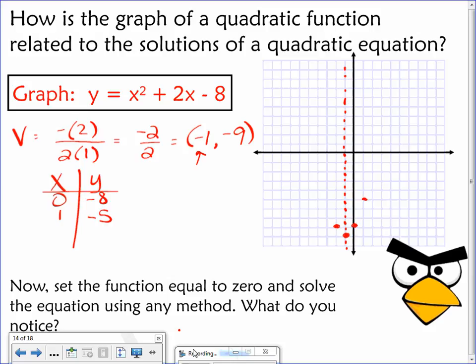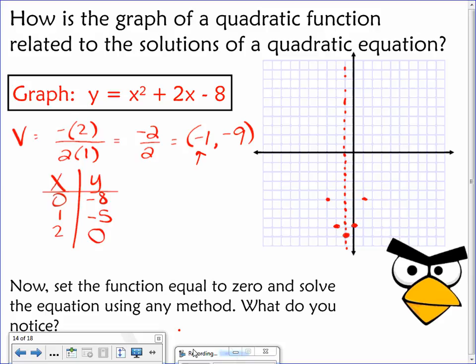Am I good on points, or do I need to do some more? Did my graph cross that x-axis yet? No. Let's do another one. What number should I plug in next? 2. Let's plug in the 2. And what did you get? 0.